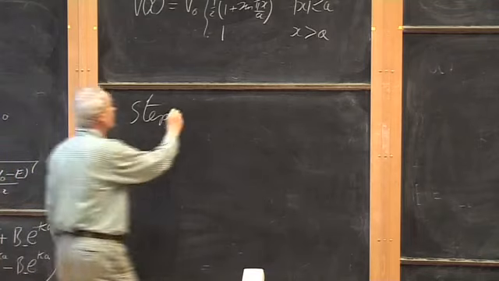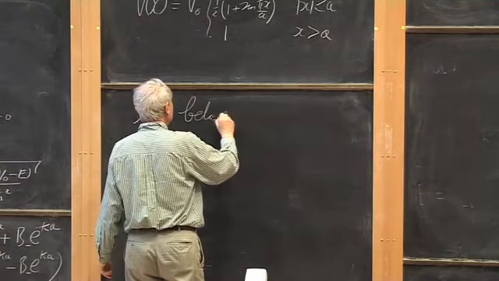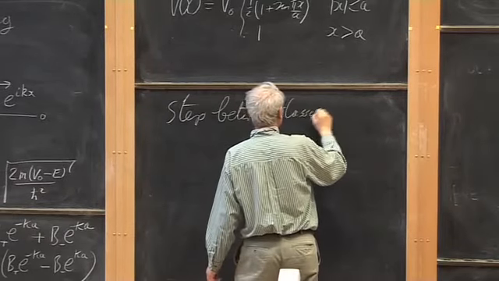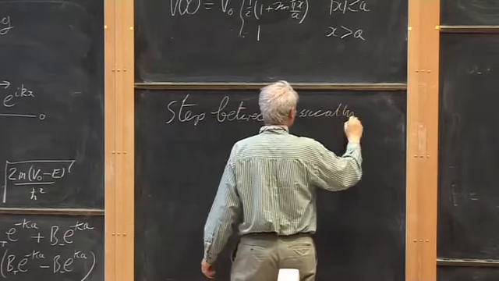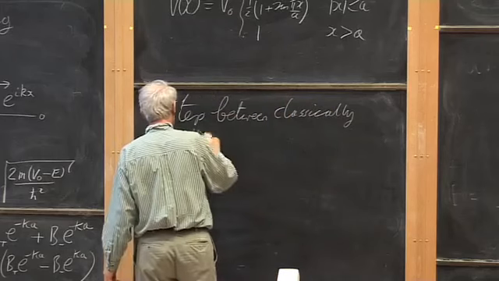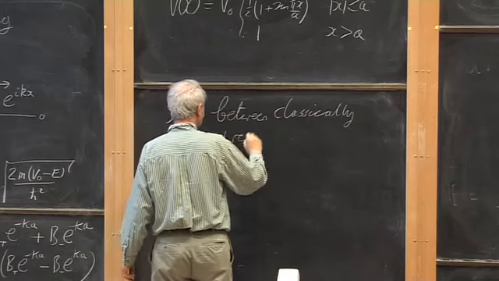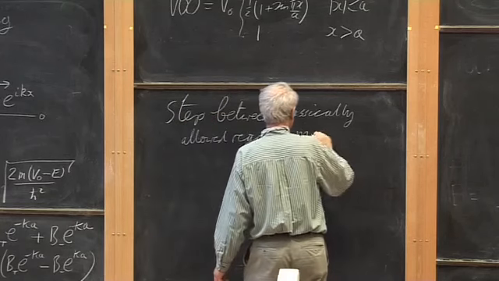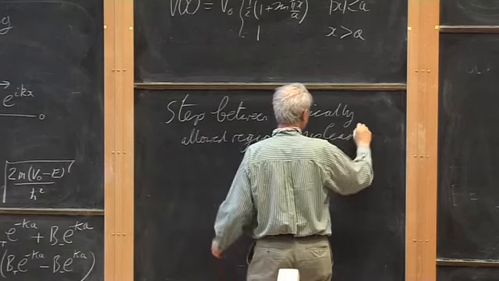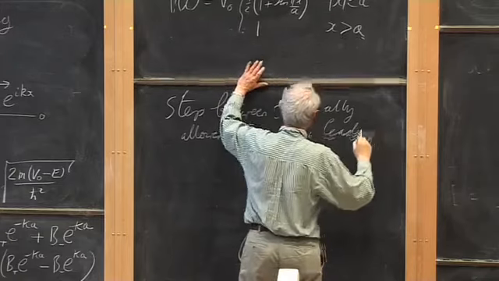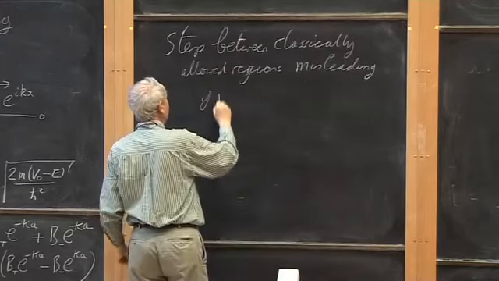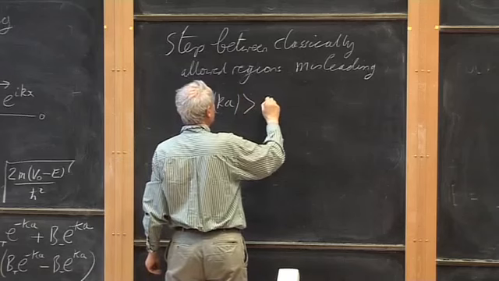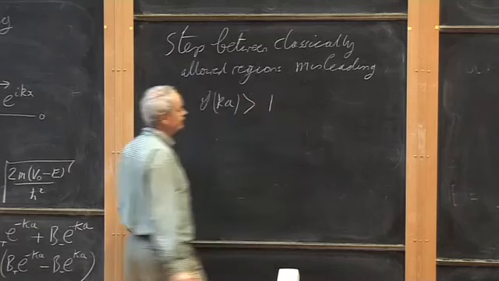So the step between classically allowed regions is misleading. It exaggerates reflection if Ka is greater than on the order of 1.